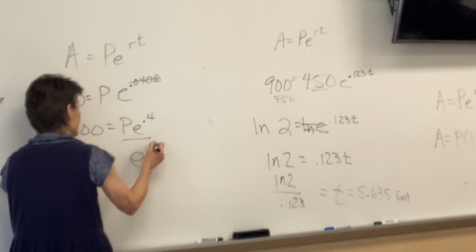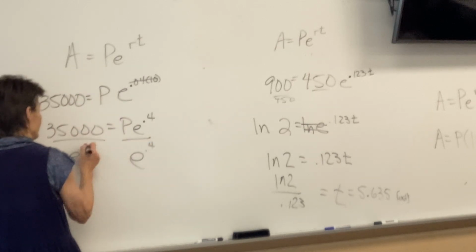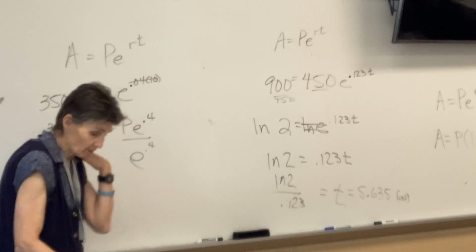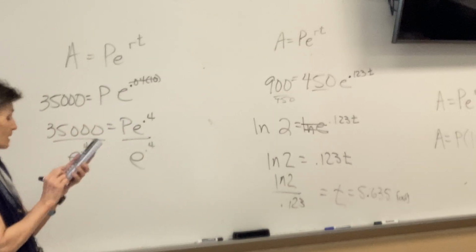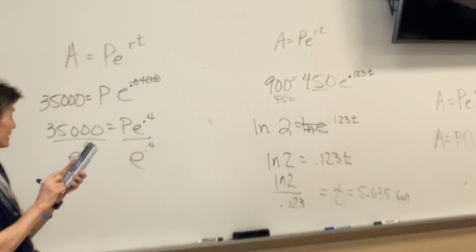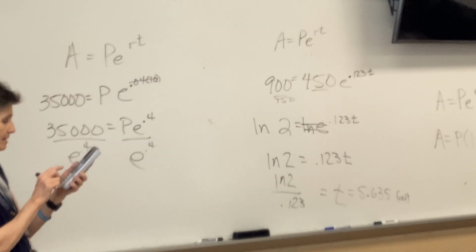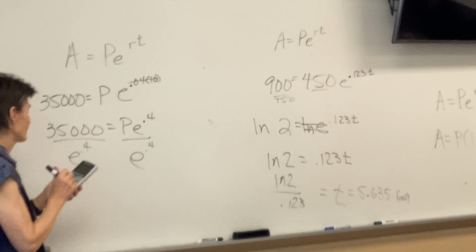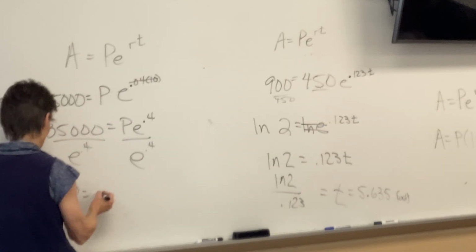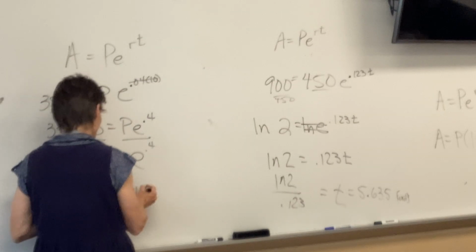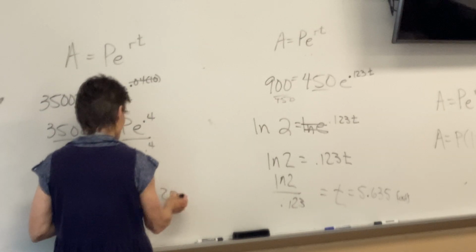Divide by e to the 0.4. And then you're going to go to your calculator. You're going to type 35,000 divided by second ln 0.4. And you're going to need to deposit $23,461.20.